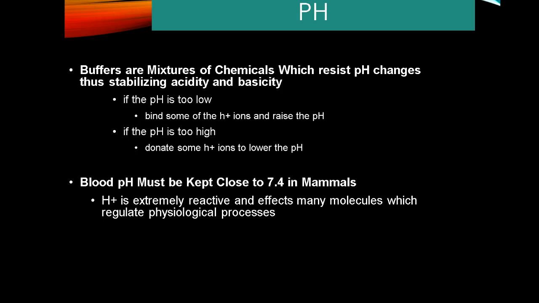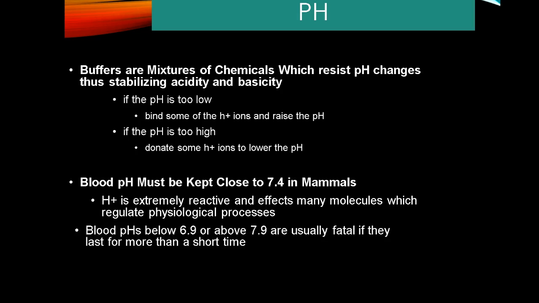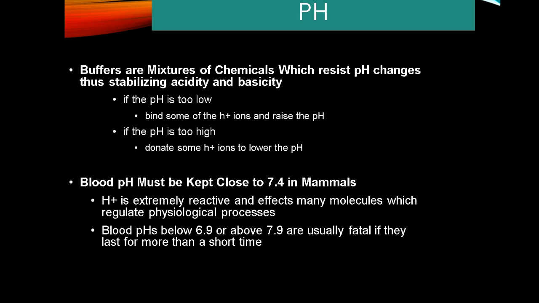Different radicals in the body can prove to do us some harm. Blood pH below 6.9 or above 7.9 can be fatal.